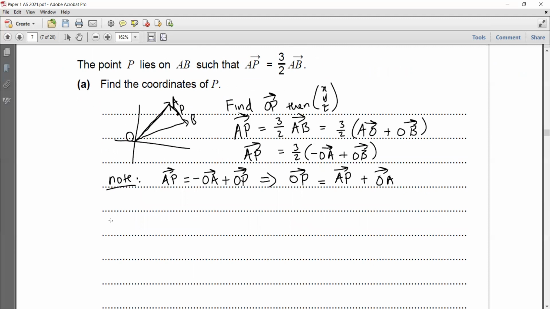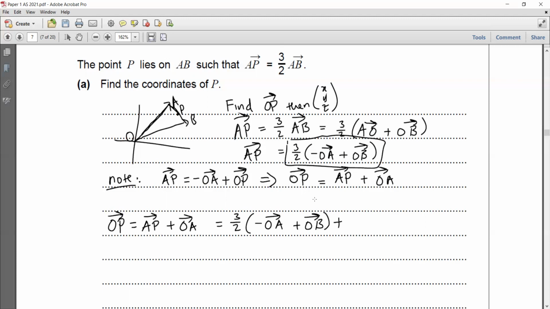Okay, so now we have everything that we need, and we can find out what OP is. OP, we said, is AP plus OA. What is AP? AP is this one here. So this is 3/2 multiplied by negative OA plus OB, and then we add OA.